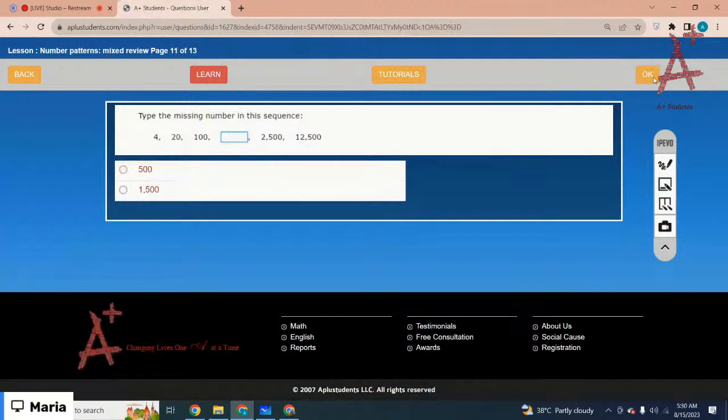That means the missing one is 100 times 5. So the correct option is 500.